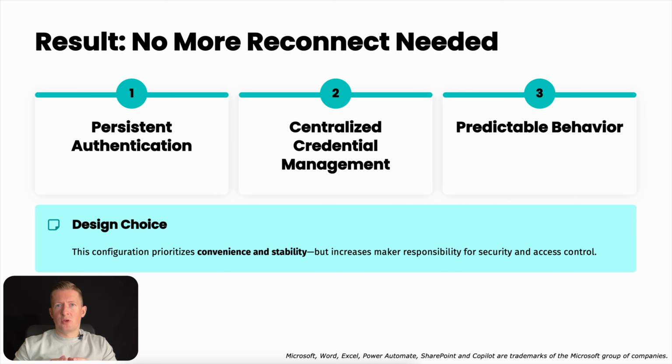This is a design choice, whether you make this setting or not. It basically prioritizes convenience and stability, but increases the maker's responsibility for security and access control. What I mean by that is the permissions overview after making this setting.